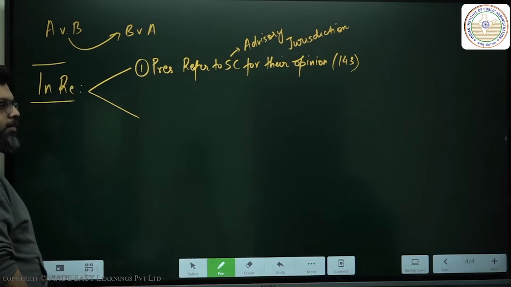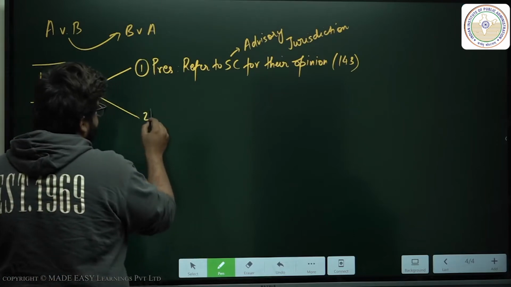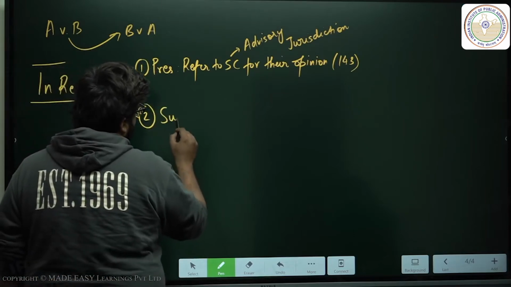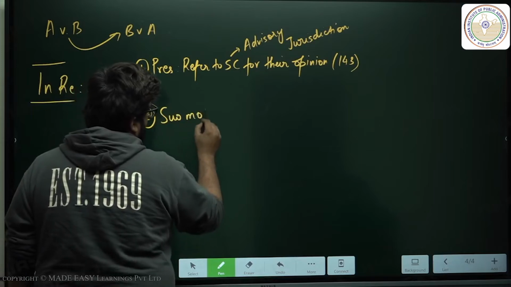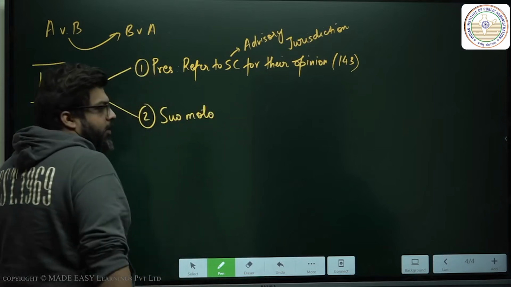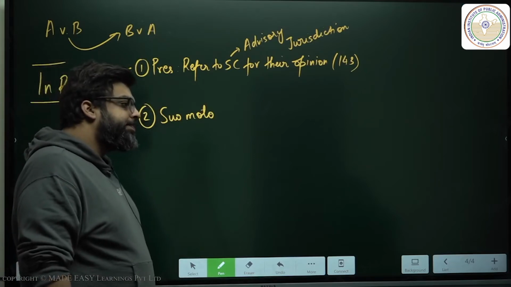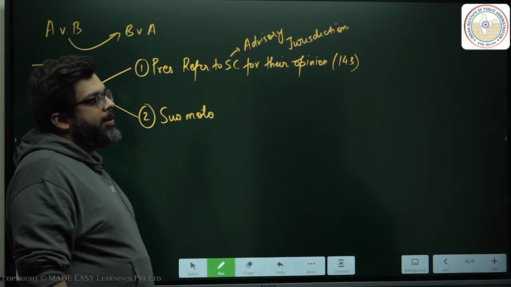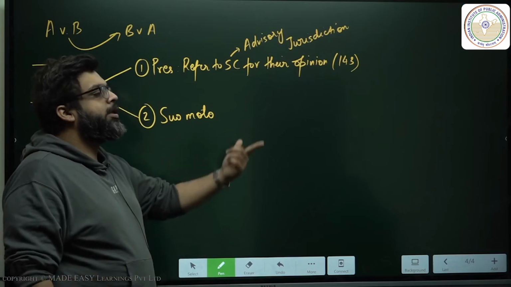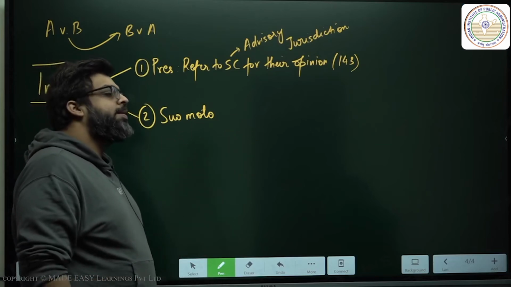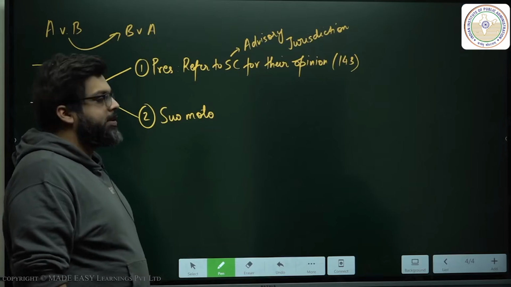Okay? So whenever the president refers an issue to the Supreme Court, it's written as in reference and the issue. The second is the suo motu powers of the higher courts. For example, most recently in 2021, the Supreme Court had taken a suo motu case as far as COVID management and health practices was concerned.